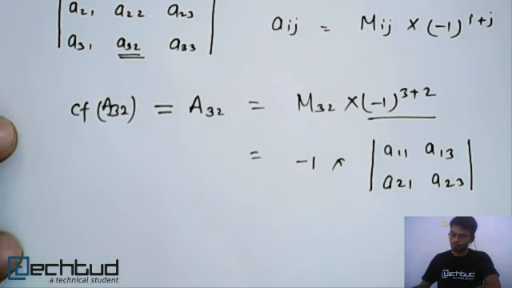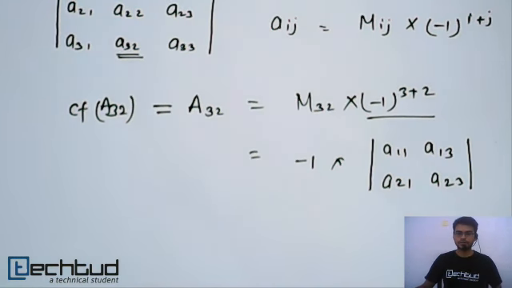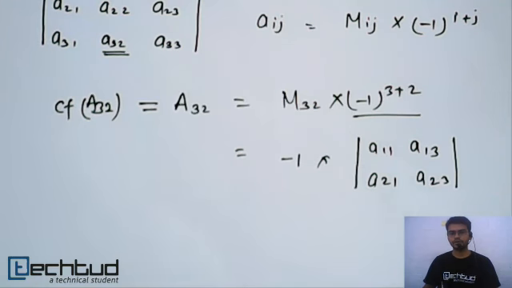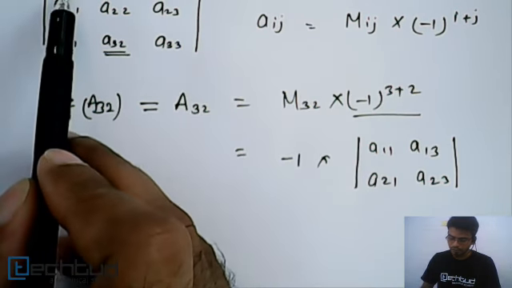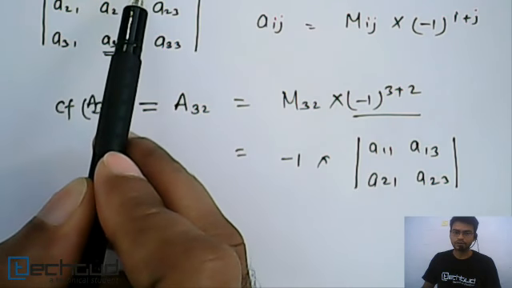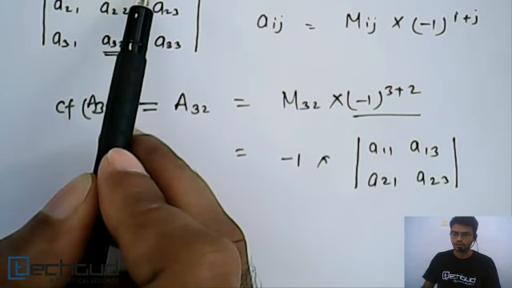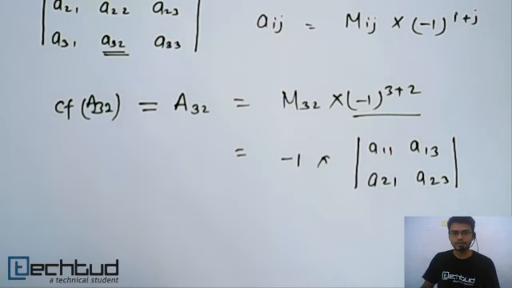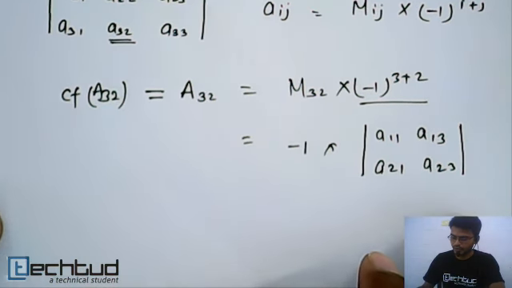Now I guess you don't have any doubt, but I would like to ask you a question here: what will be the sum of the products of the elements of a row with their corresponding cofactors? Let's understand what I want to ask.